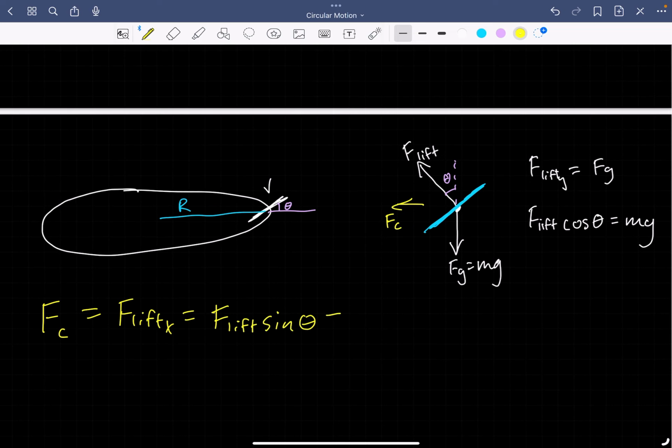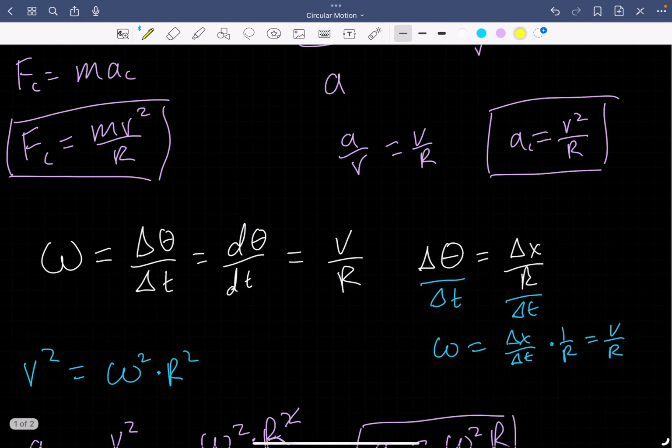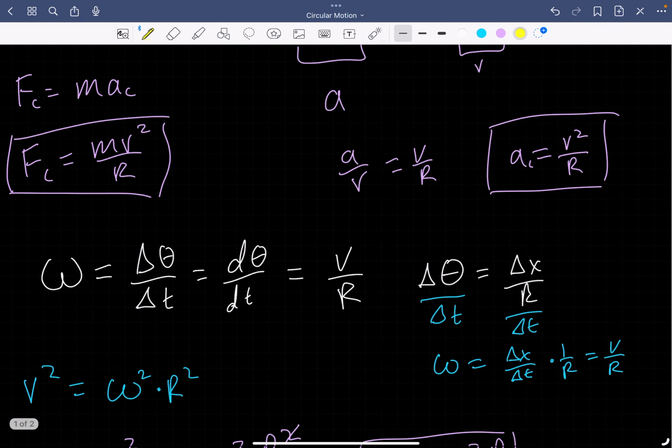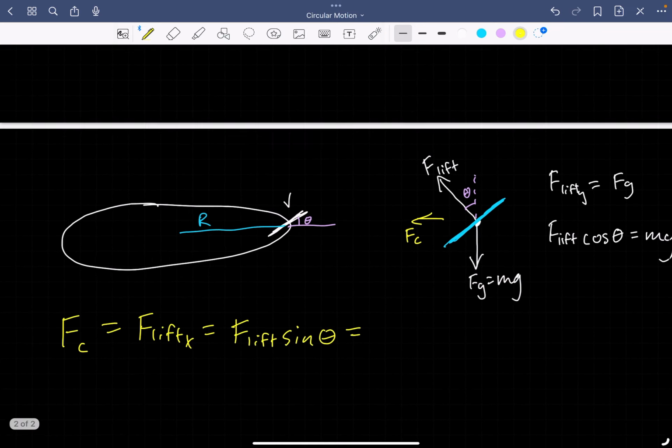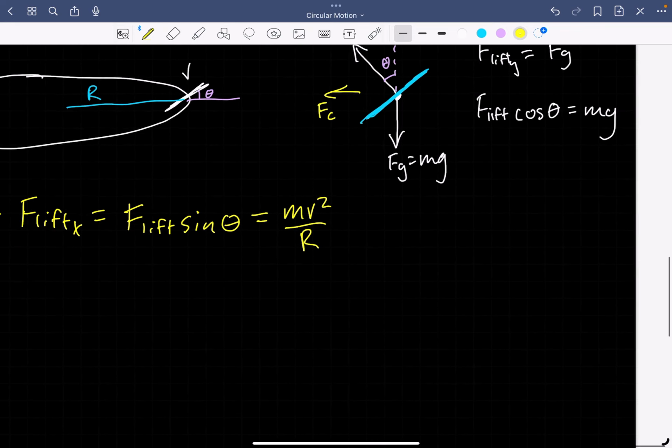And then if we remember the formula from up here, in this case we're given the velocity or the speed. So we see that the centripetal force is mv squared over r. So we know that this magnitude has to be equal to mv squared over r.